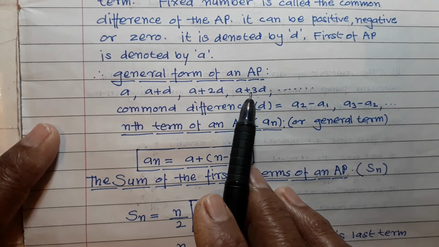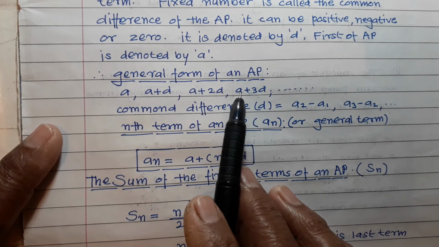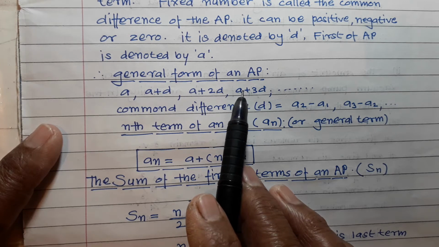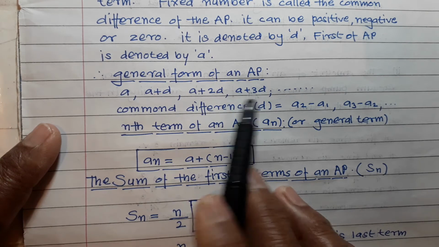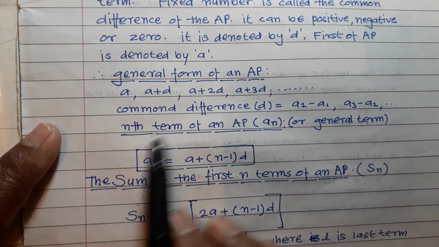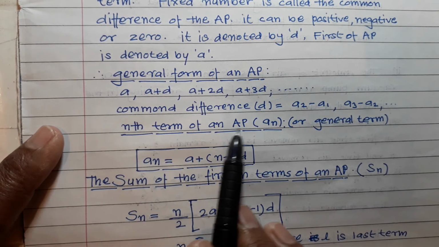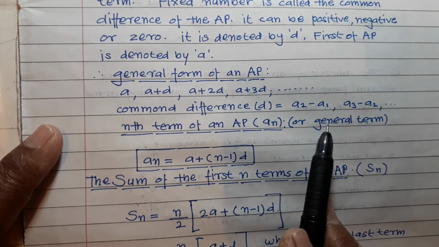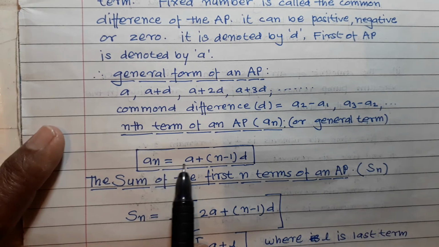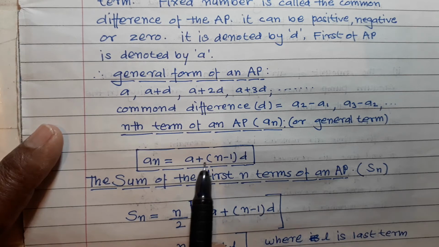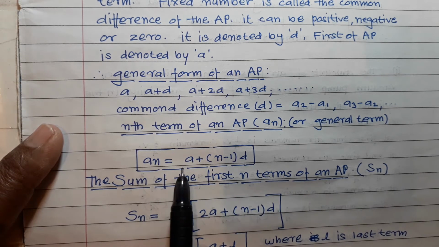For the fourth term, 4 minus 1 gives you 3. Okay, so this is the observation, and by means of observation you can write the nth term of an AP, that is the general term. So an, the nth term of an AP, is equal to A plus n minus 1 into D. So this is the first formula.